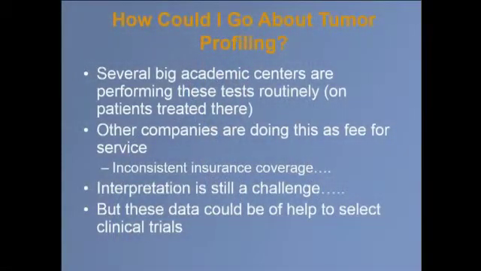There are also companies that are doing this as well, where you could send samples to the companies, and many insurance companies will cover that, but it's inconsistent. And interpretation is still a challenge, but there could be benefits to this, in terms of considering clinical trials. But again, if we knew what to do with this information, we would be doing it on everybody.